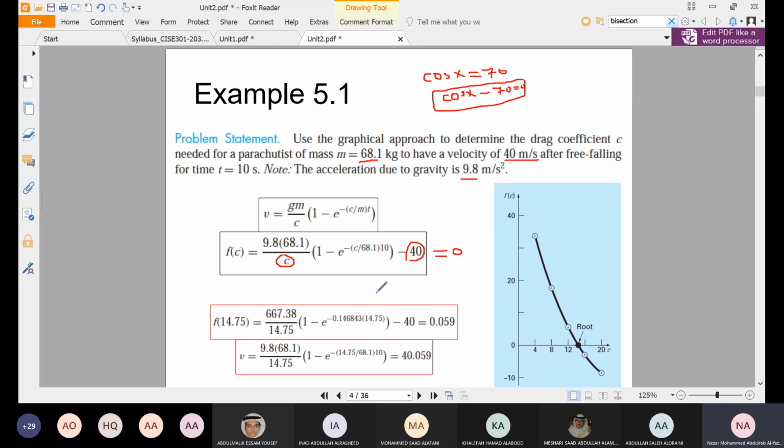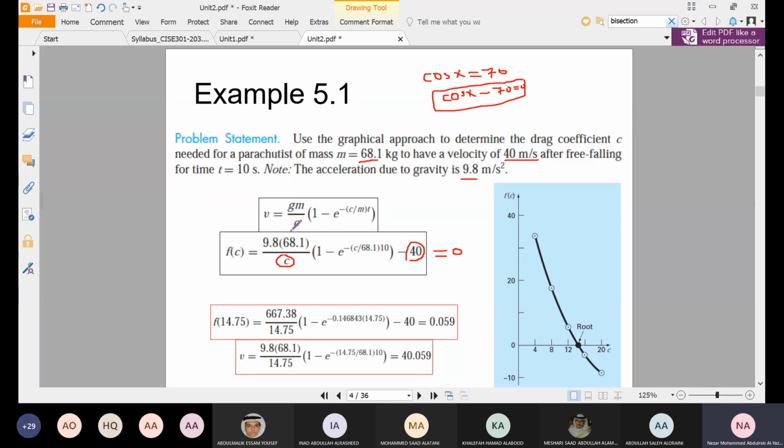If we want, for example, to run our algorithms, we might have code to do this, by defining this equation. After that, I define the constants at the beginning, g and m, and I have t, and also I have v.